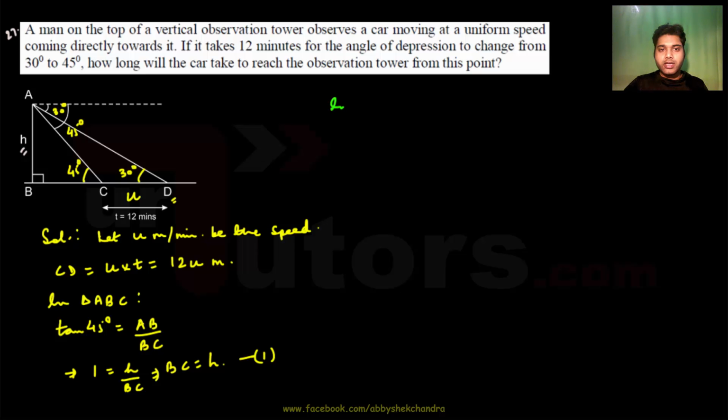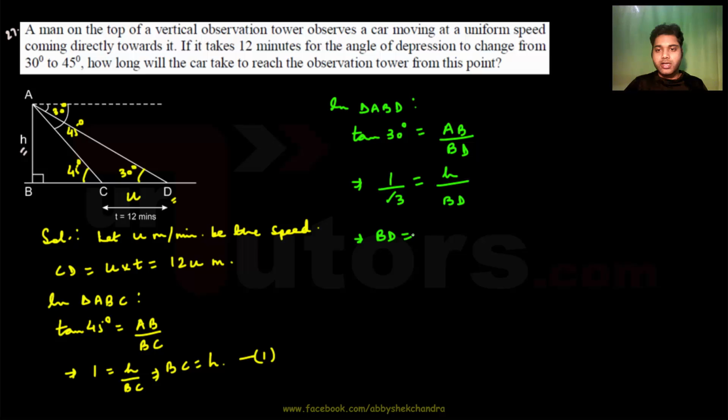Now in triangle ABD, we're going to calculate BD. Tan 30 degrees is equal to AB by BD, or tan 30 is 1 by root 3 equal to AB, which is H, and BD we keep as BD. This implies, cross multiply, I'll get BD as H root 3.